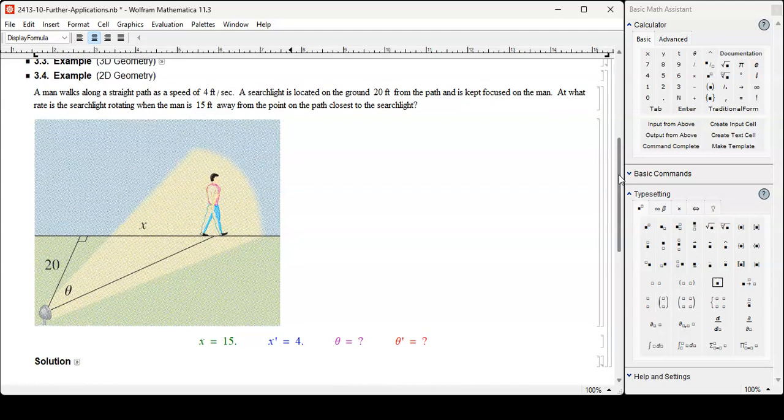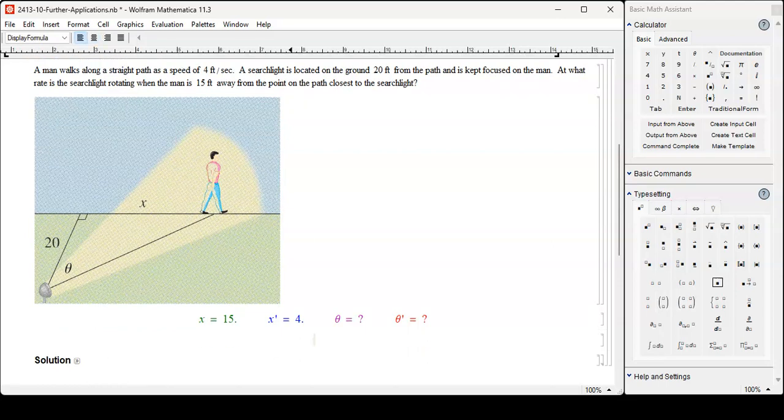Now, what's the relation between the two? Relation between x and theta. Do you see that from this picture? We have a right triangle. We have theta. We have 20 and x. Nothing about hypotenuse. So what is this relation? Sine, cosine, or tangent. Which is it?